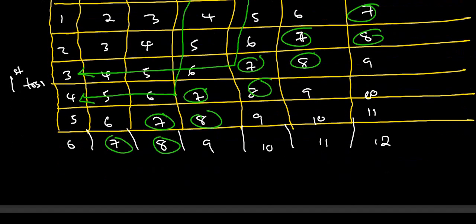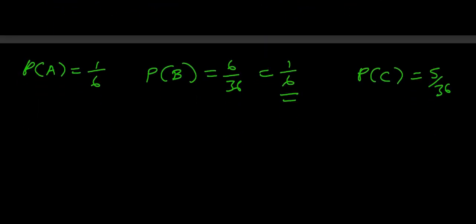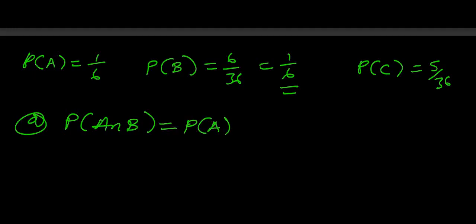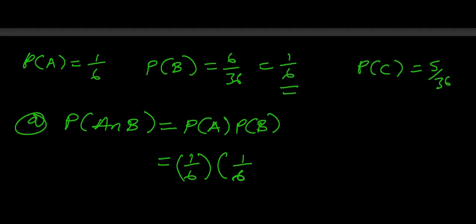Sammy says, I didn't get the way you found it for A and B. For A, we just did this. For the probability of A intersection B, we just used 1 over 6 and then 1 over 6 here, and got 1 over 36.